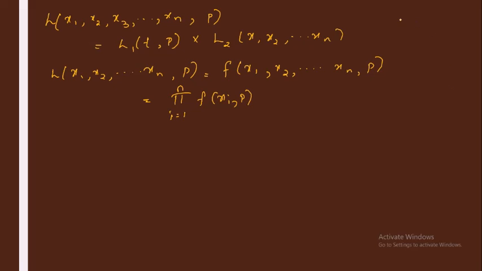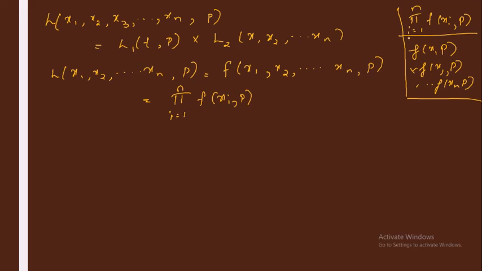You can write this as f of x1, p multiplied by f of x2, p, etc., f of xn, p. Instead of writing this whole story, it is okay to write the product over i equal to 1 to n of f of xi, p.